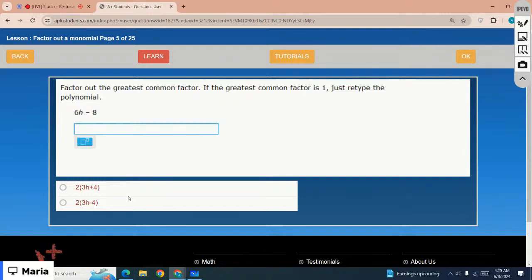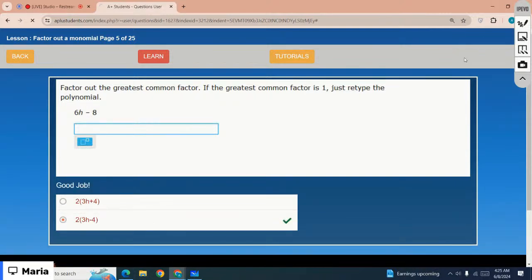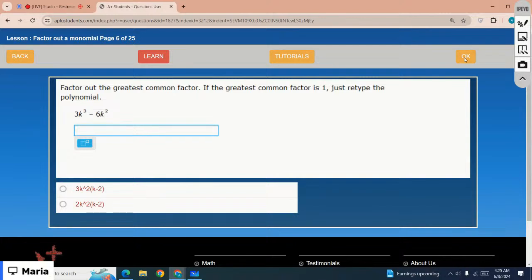Option number 2 is the correct option. Factor out the greatest common factor.